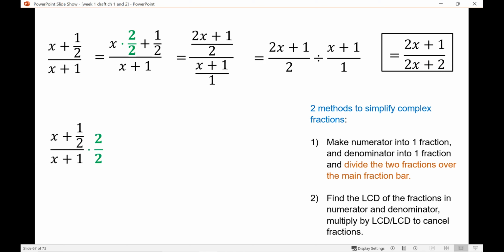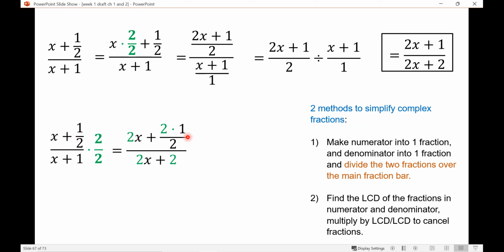Now method 2, we're going to find the LCD of our interior fractions and multiply the main fraction by LCD over LCD. So in this case, we only have a single interior fraction, this 1/2. Its denominator is 2. So our LCD is going to be 2. So we need to multiply across the main fraction bar by 2 over 2. That means we are multiplying x plus 1/2 times 2.